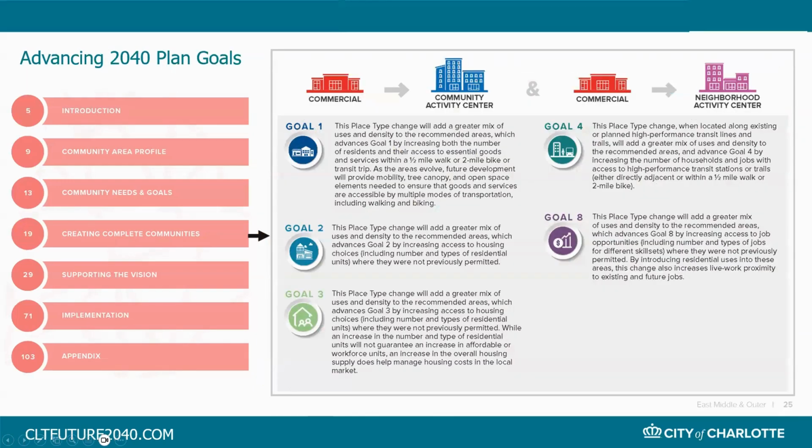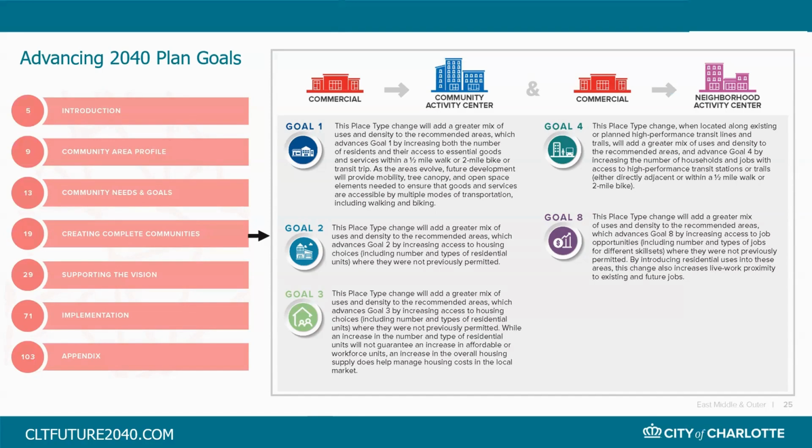Other pages in Chapter 4 explain how recommended change helps advance the geography's priority goals and address their greatest needs. For example, a place type change from commercial to community activity center will add new development to the recommended areas, which advances Goal 1, 10-minute neighborhoods, by encouraging a mix of residential and non-residential uses within a centralized and interconnected development.